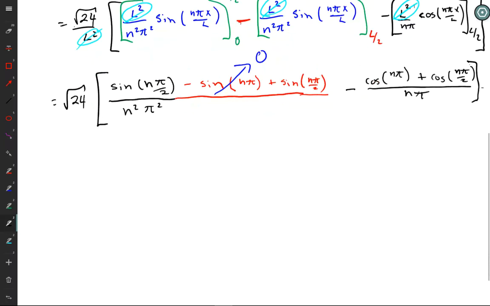So I'm going to try to write this in as simple a form as I can, using those rules for the sine and cosine. So we have 2 over n squared pi squared. And then we had sine of n pi over 2. Well, I can't really simplify that right now.